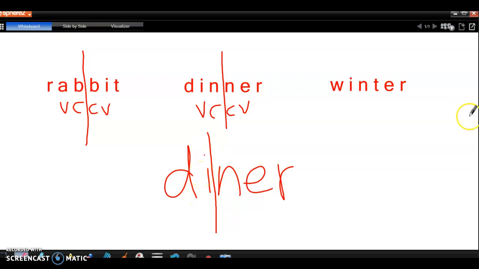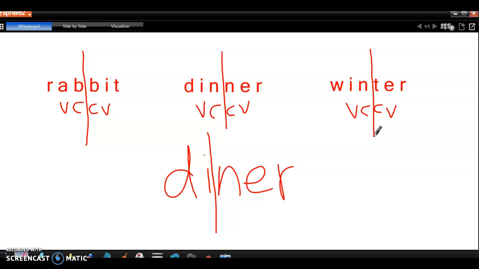Let's try one more together. Step 1 is what? That's right, label the vowels. E, or I, and E. Step 2, label the consonants. Step 3, split the word between the consonants. Now again, I have 2 closed syllables.